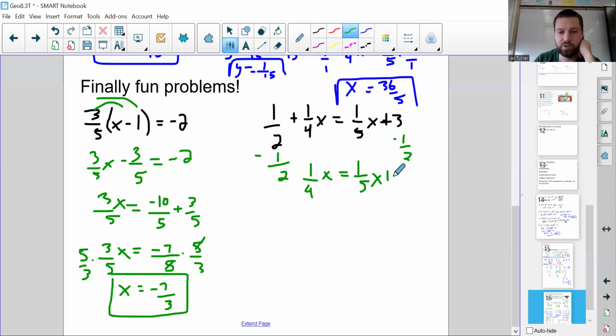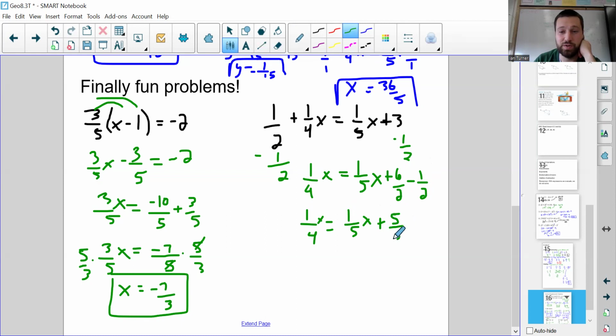And then plus 3, which we're going to turn into 6 halves minus 1/2. So we get 1/4 x equals 1/5 x plus 5 halves.